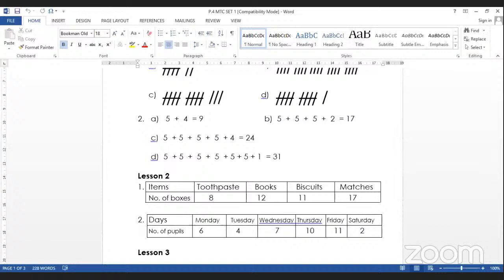Excuse me, teacher, I can't see the box in my paper. Teacher.